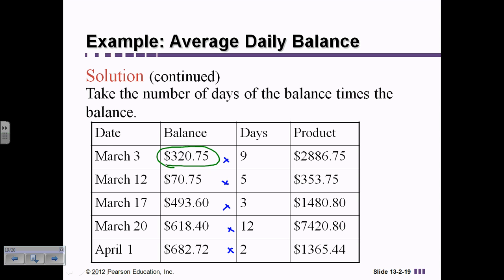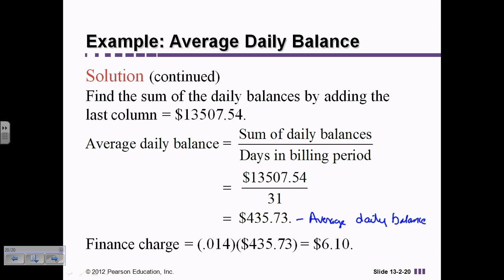But then the next month, it would have been using the $682.72 for my finance charge. So my finance charge would have been higher. So using the average daily balance can benefit the consumer, because you're not necessarily always going to be paying a larger amount of money. It might not, but it could be.